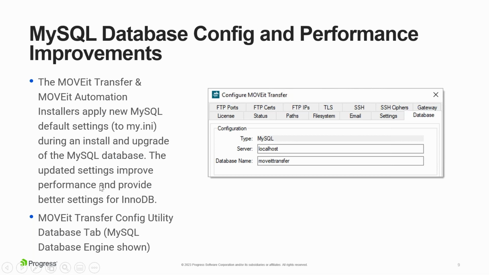And these updated settings will improve performance and provide better settings for InnoDB. And this is basically that quick view you will see here, configuring the database type, server name, and so on.